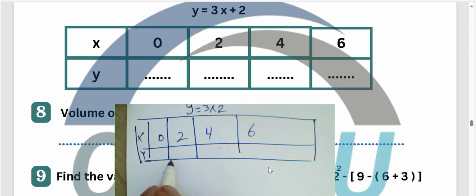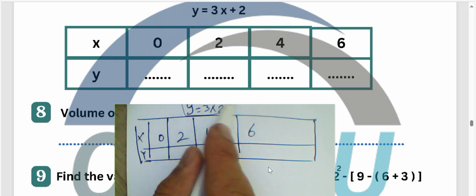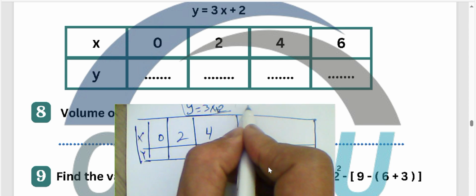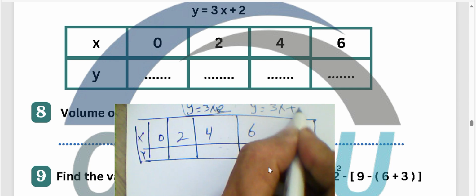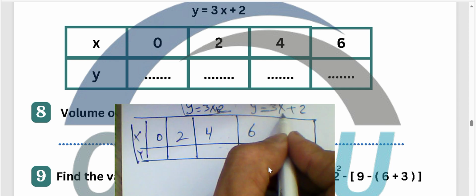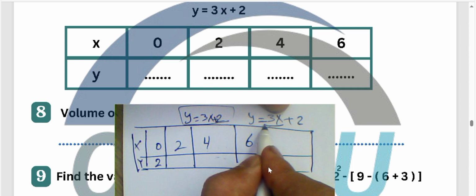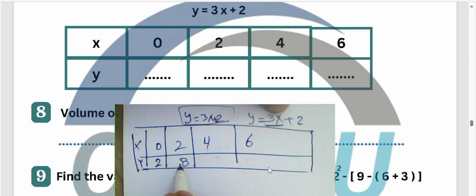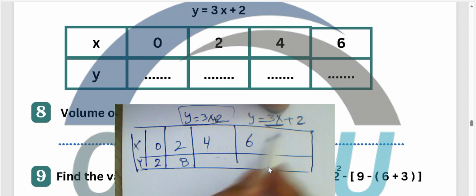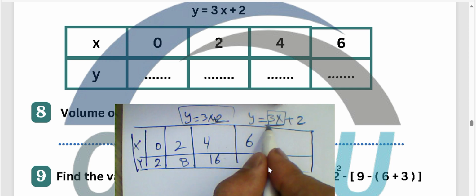Put 0 here, 3x plus 2. Put x equals 0, 3 times 0, 0 plus 2, it will be 2. 2 times 3, 6, 6 plus 2 equals 8. 3 times 4, 12. 12 plus 2 equals 14. 3 times 6, 18. 18 plus 2 equals 20.